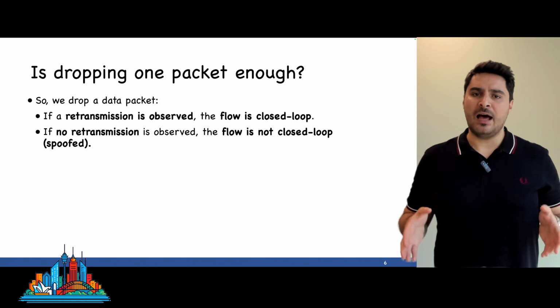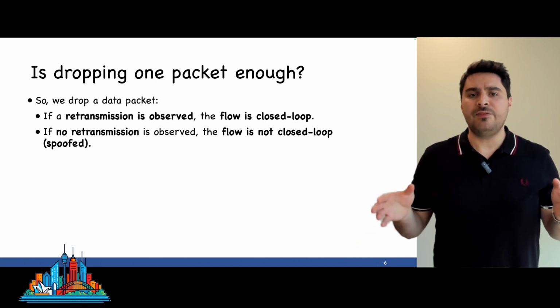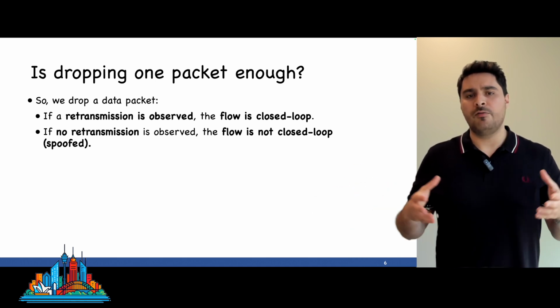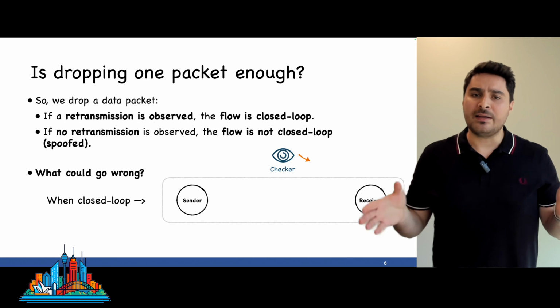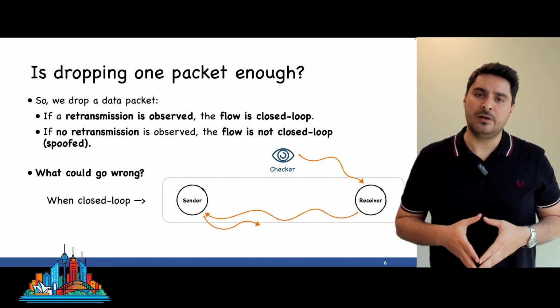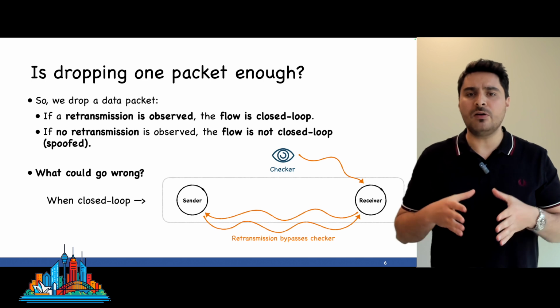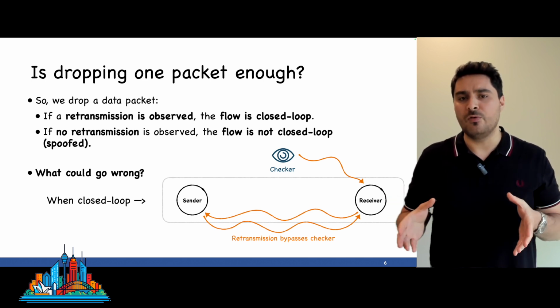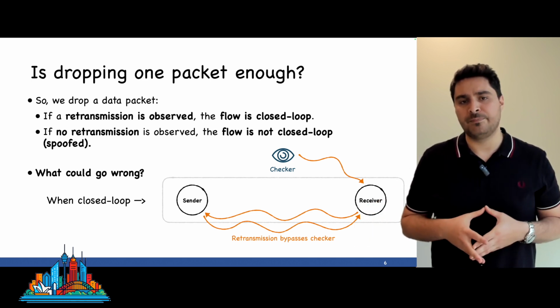Unfortunately not, as after we drop a packet, many things may go wrong. First, the retransmission packet may reach the receiver through a path that bypasses our monitor. In that case, we will wrongly characterize the closed loop flow as not closed loop.